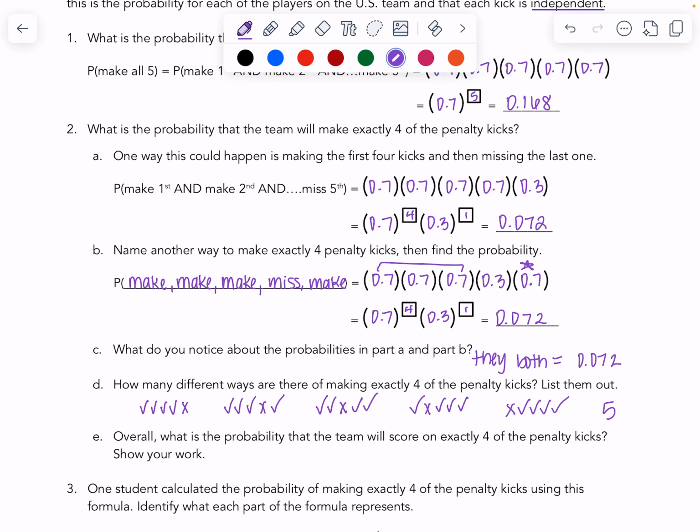But we can see that even if we have the miss in the 3rd spot, or the 2nd spot, or the 1st spot, all of these probabilities are going to be the same. They're all going to be 0.072. So what is the probability that the team will score on exactly 4 of the penalty kicks? Well, we take those 5 probabilities and we add them together.